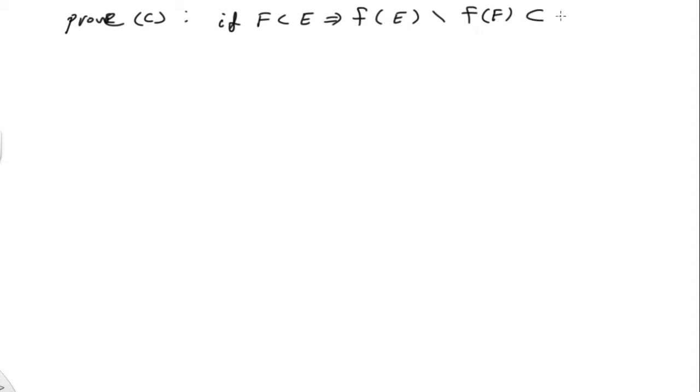All right, so we're going to prove C. I'll write down what C is again. If F is some subset of E, then the following is true: the image of E excluding the image of F, that is, if we take the exclusion of the image of F away from the image of E, is a subset of the image of the exclusion from the domain.